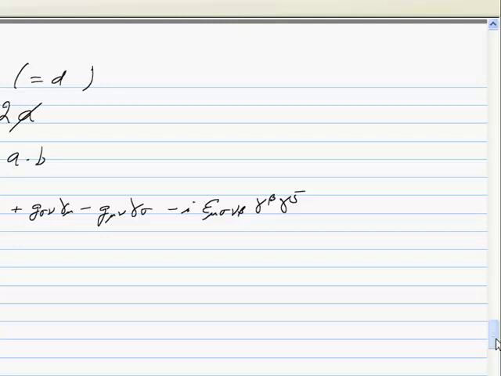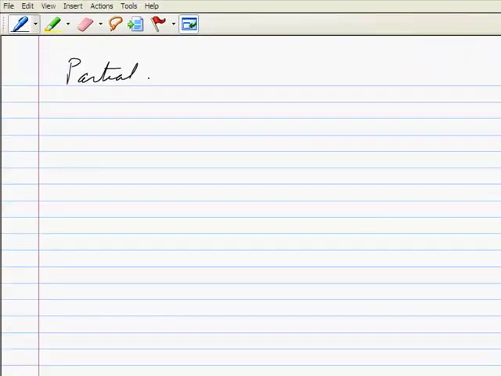All right, let's do one little mini sample, a partial sample. I'll just take you through the steps without doing too much of the algebra. Remember the Compton scattering.